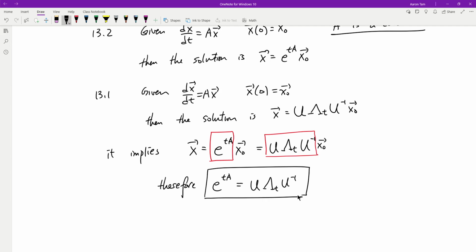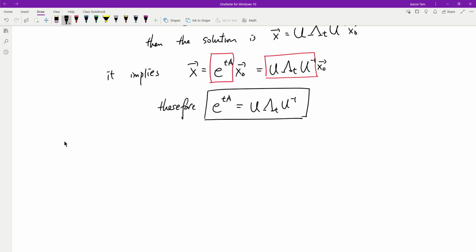But of course, if that's the case, then we already know U e to the lambda t U inverse. So why do we need to know the matrix exponential? Well, because of the following.